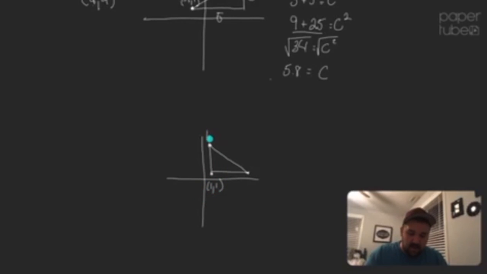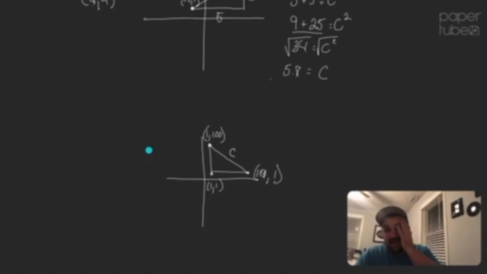This point is like (1, 100). And this point is like (19, 1). Sorry, that says 19. And they're going to ask me to figure out the distance between here. So what my C is.